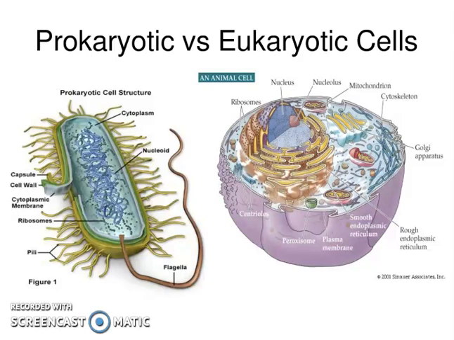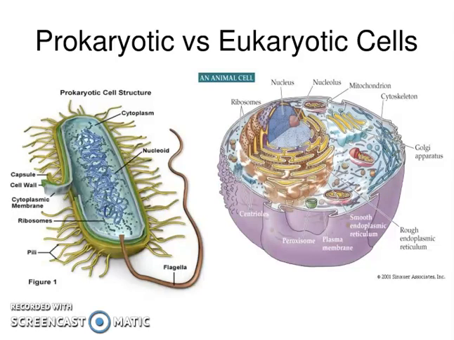There are some other differences between prokaryotic and eukaryotic cells. In addition to lacking a nucleus, prokaryotic cells are also very small, roughly 10 times smaller than eukaryotic cells. Prokaryotic cells are things like bacteria and, if you've heard of them, archaea.